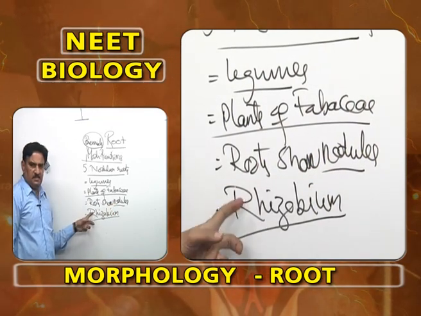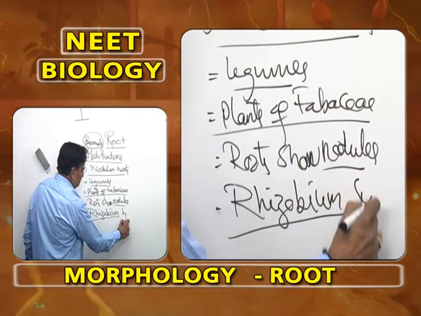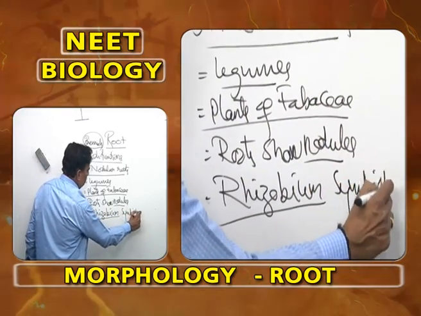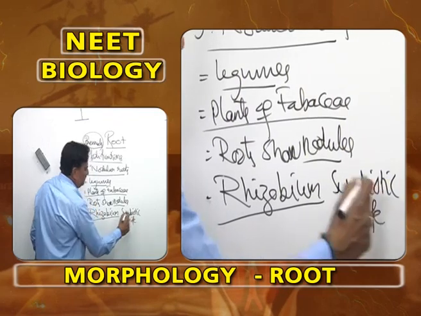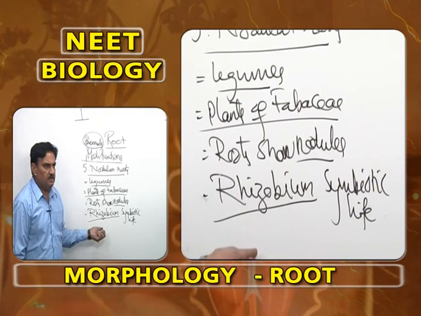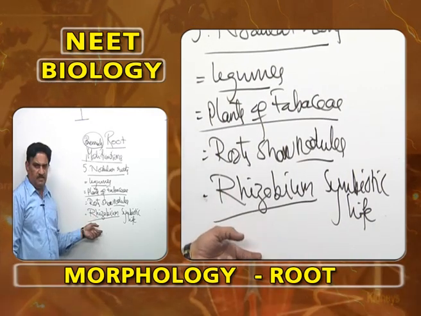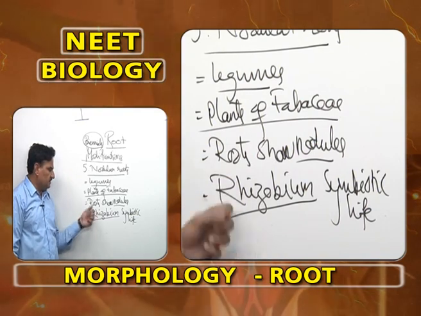These nodules contain a special bacterium called Rhizobium, which leads a symbiotic life. Symbiotic life means two totally different organisms living together and both getting benefited. That is called symbiosis.